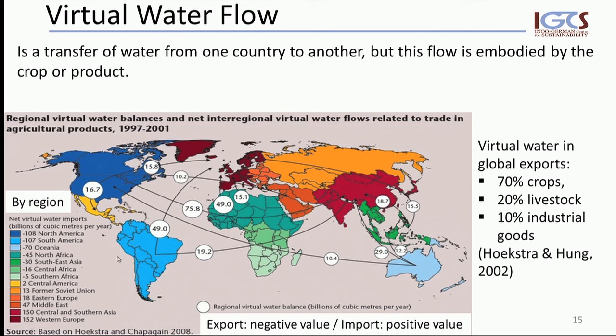And what we can see here is a scale from a positive, dark blue, to a highly negative, dark red, whereas the blue positive means an export from this region to another region, whereas the red means an import of virtual water into that specific region.